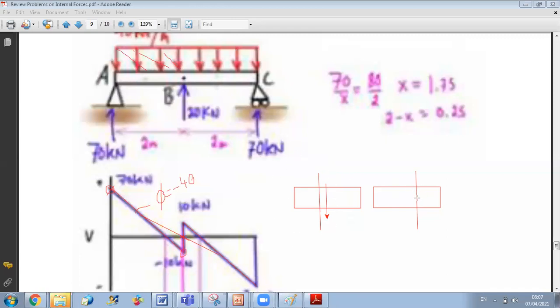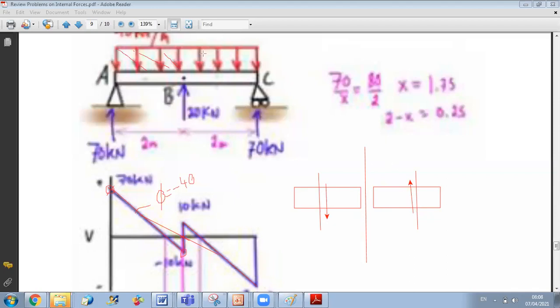On the other hand, here when I do the cut and I leave this part, the shear should be upward. This will give me opposite signs from each side. So this is the middle, and due to the symmetry effect, 2 points symmetrical with respect to the middle will have opposite values of shear.